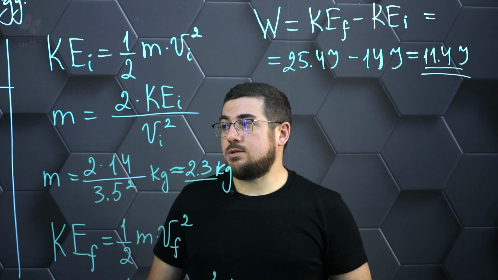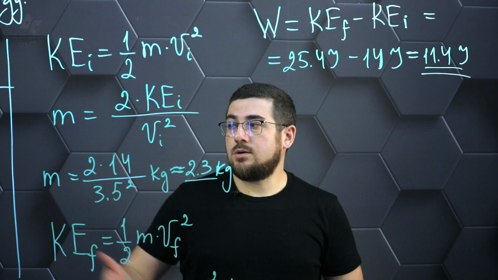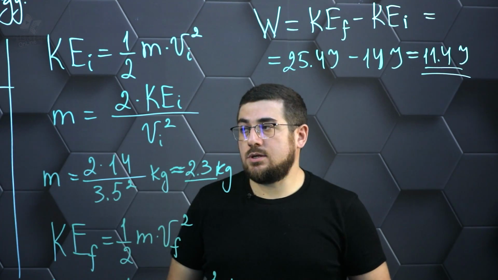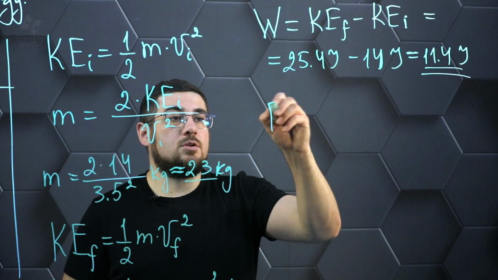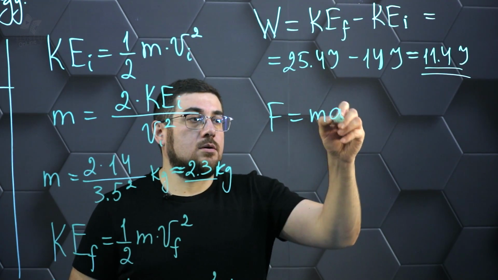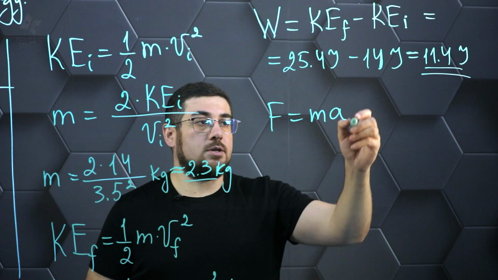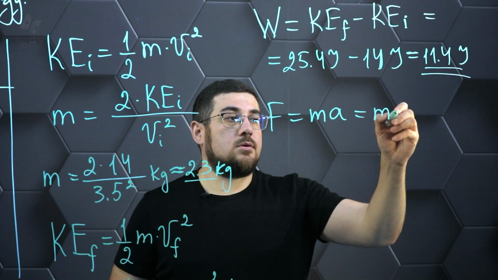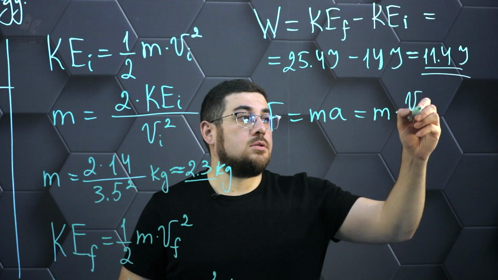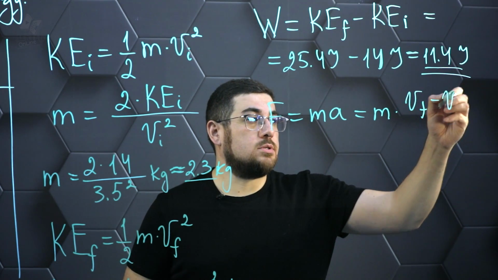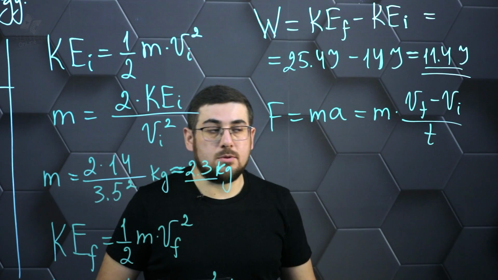Well, we can also calculate the force itself in terms of what we have available to us, the mass of the body. We know how the velocity of this body changed, and over what time it changed. So here we can use, for example, Newton's second law, which will allow us to calculate this force: mass times acceleration. And here we will write the acceleration as the rate of change of velocity, that is, by how much the velocity of this body has changed over a specified period of time.